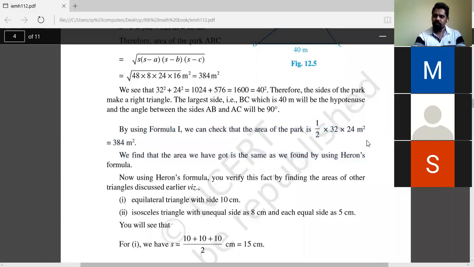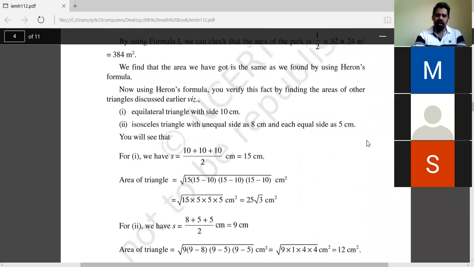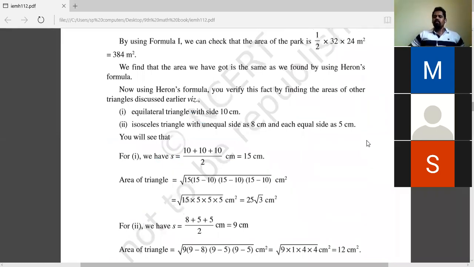Understand? Yes, sir. Then which is more advantageous, Heron's formula or the basic formula? Both, sir.